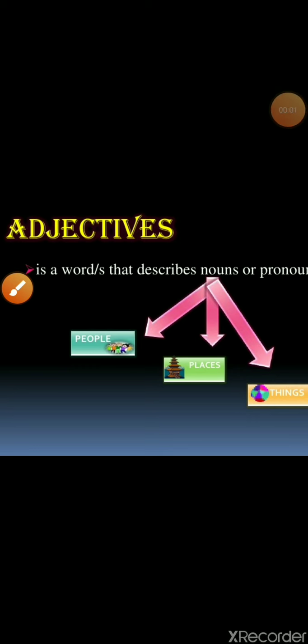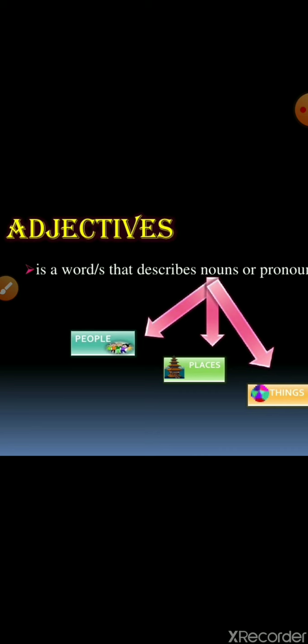Once again, let's recap what adjectives actually are. An adjective is a word that describes a noun or pronoun. Look at the pictures: people, place, and things. With the people, crazy people.